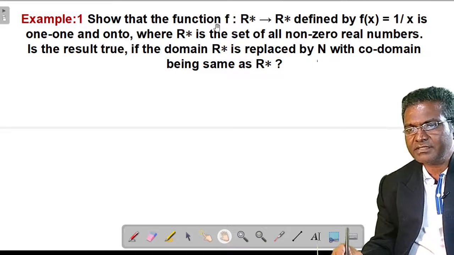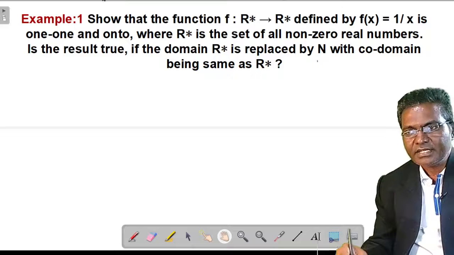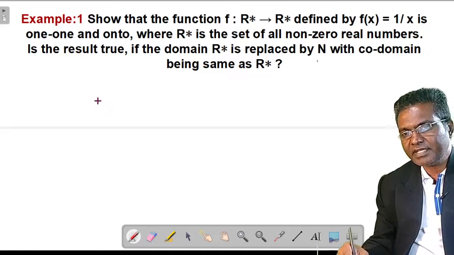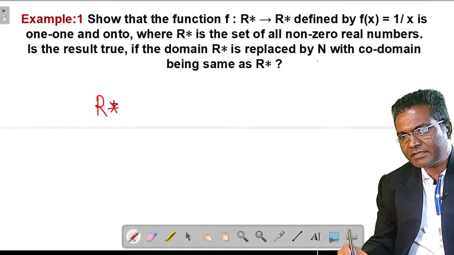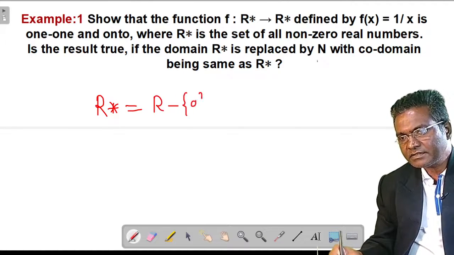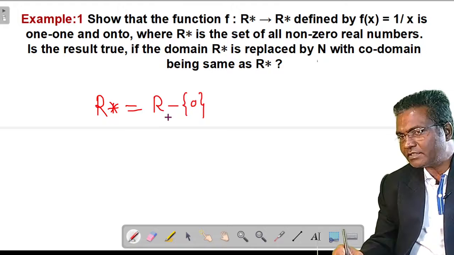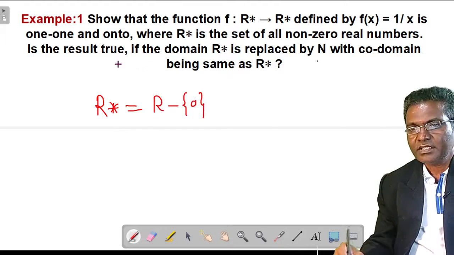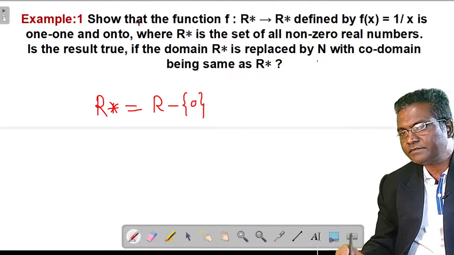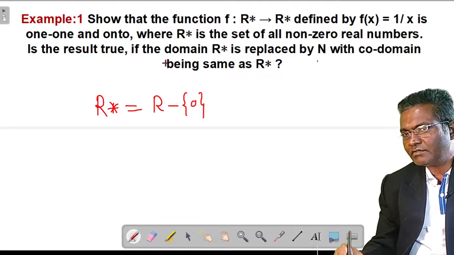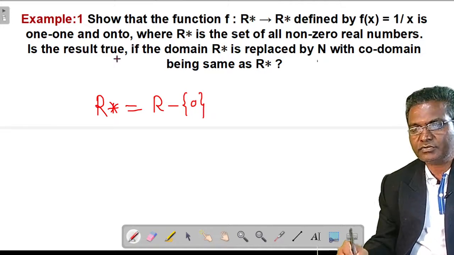R star is nothing but R minus 0, the set consisting of all real numbers except 0. Now you have to show whether it is one-one or onto.